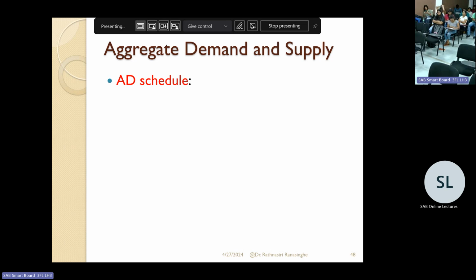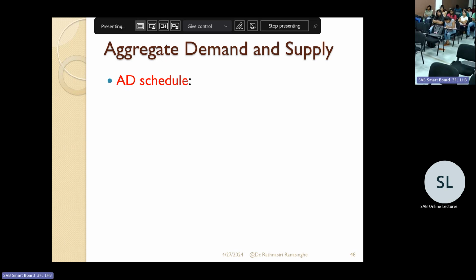Because when you draw the LM curve, we put here M0 and V0, and we didn't talk about this V0. If this one changed, you know that the LM curve also changes.